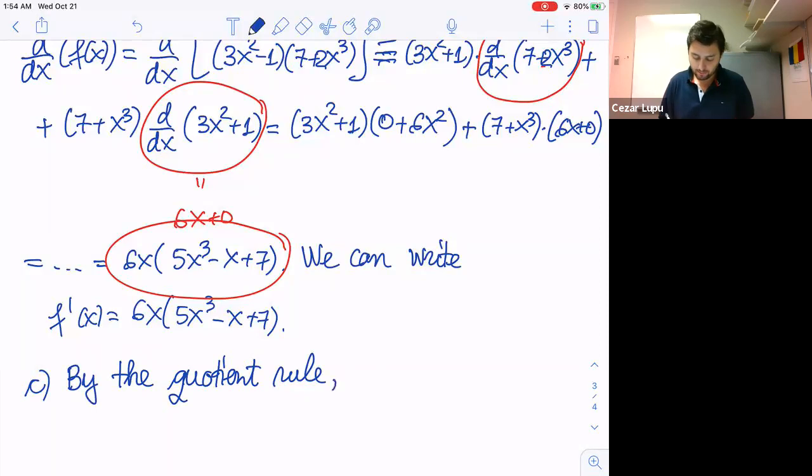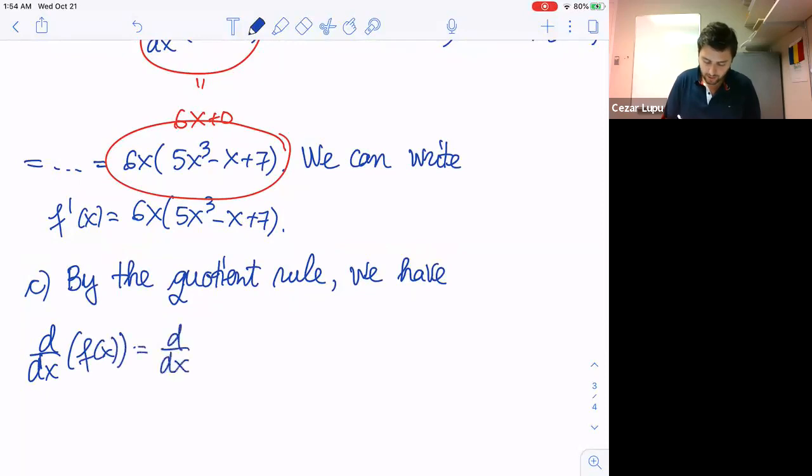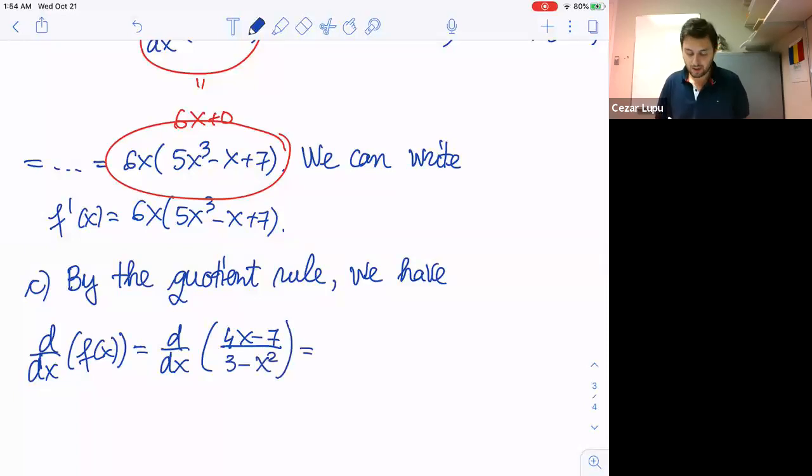We have that the derivative of f with respect to x, so this would be nothing else than just the derivative with respect to x of 4x minus 7 over 3 minus x squared. And this would be equal to, now we actually apply the quotient rule here.